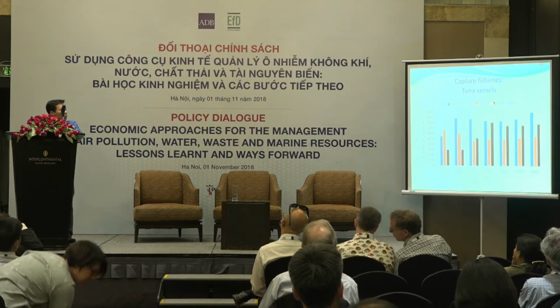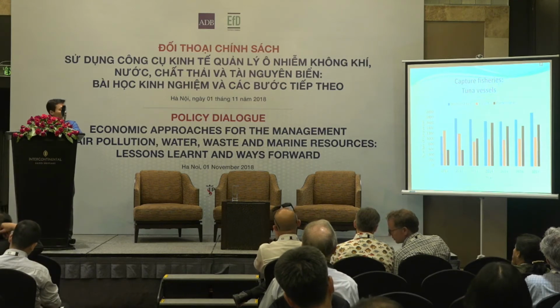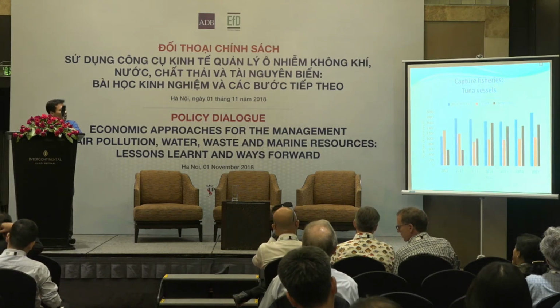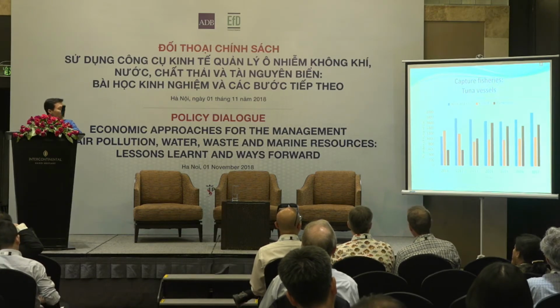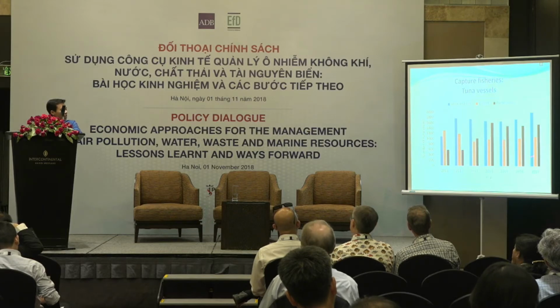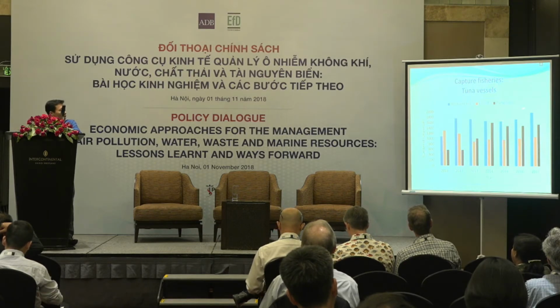We have three gears targeting tuna species: hook and line, gillnet, and purse seine. You can see the variation for the different fleets. The purse seine is decreasing a little bit, but hook and line is the big one here in 2017.